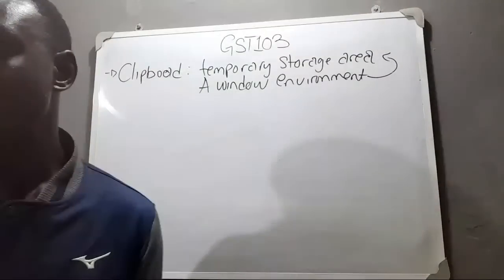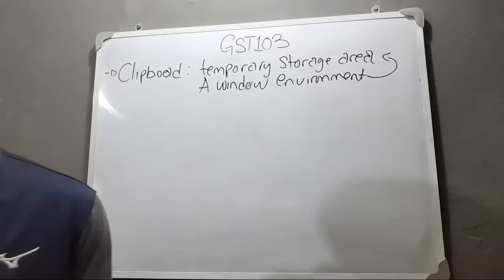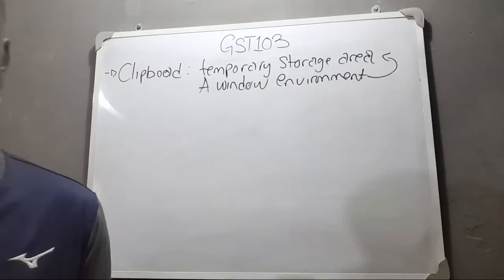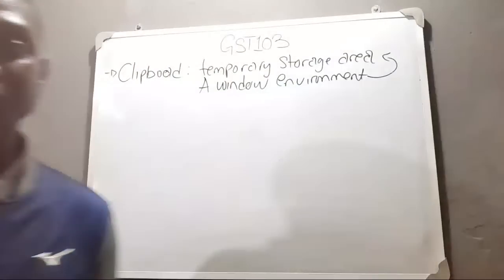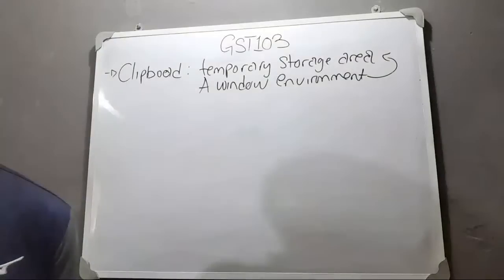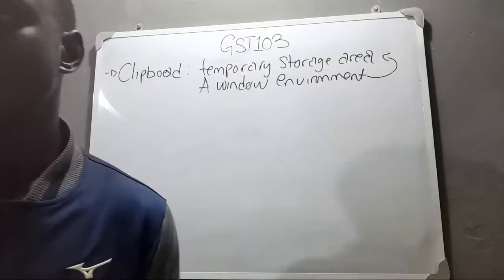I think it's better now. It's about to rain outside and it's dark already. Okay, Mr. Joseph said he can see very well. Okay, that's fine. So we can proceed.